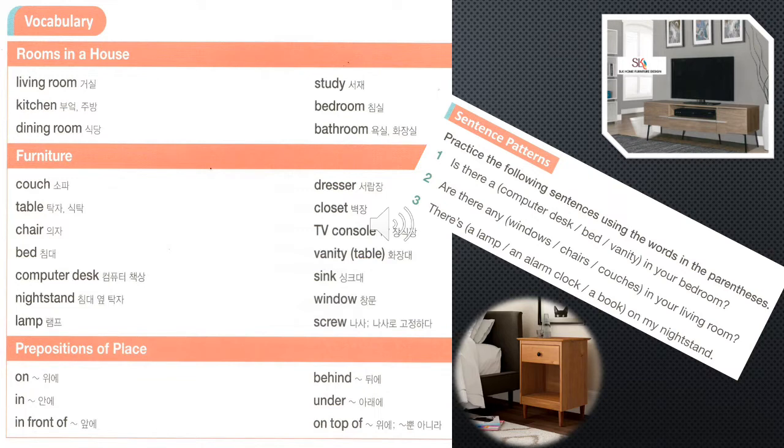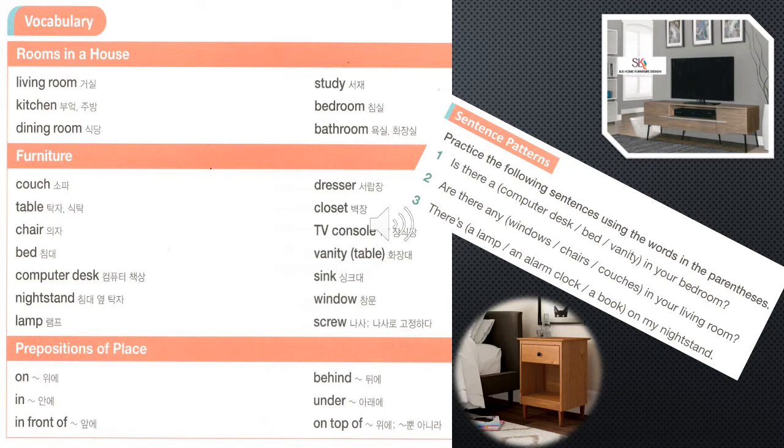And there's also an example of a nightstand, which is this little piece of furniture in the circle here that is located next to your bed usually, and it might have a lamp on it and maybe a drawer like this one, and maybe you keep a book there, or maybe you put your phone there before you go to sleep. That is called a nightstand.